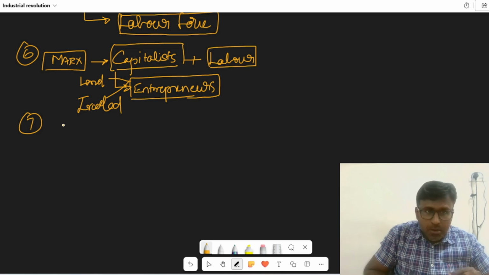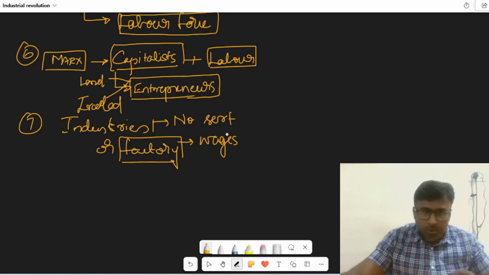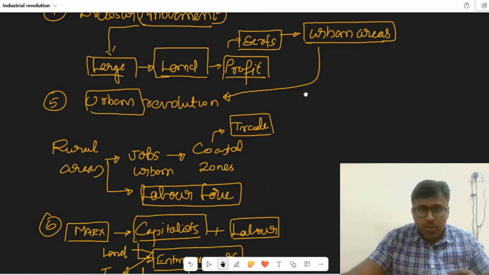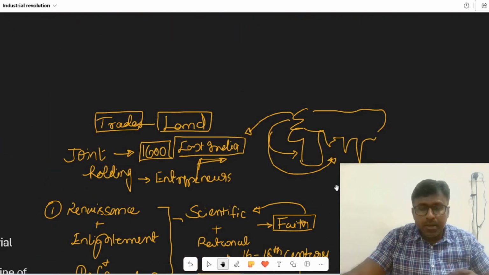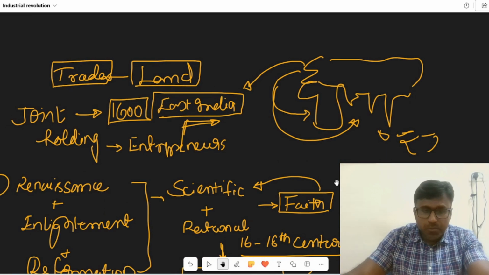These capitalists now want industries, or they make a factory system. No more serfs. It is based on wages. I again want to go to this point. The industrialists started going to different places for trading.